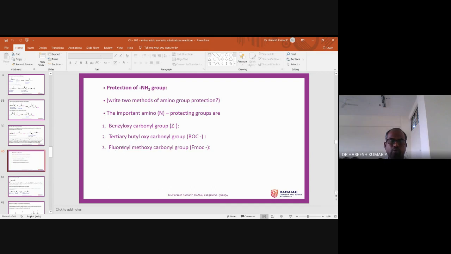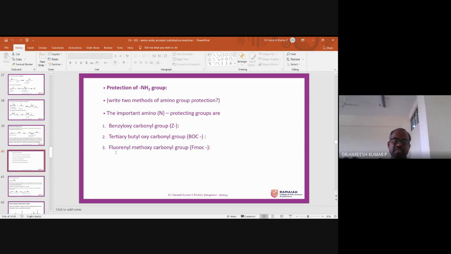And one more, the fluorenyl methoxycarbonyl group. Fluorenyl is one moiety, just like benzene is there, no? I will tell you what the fluorenyl group is. Fluorenyl group means that in between two benzene rings, a 5-membered ring is fused. So fluorenyl is nothing but benzene, a 5-membered ring, and benzene.